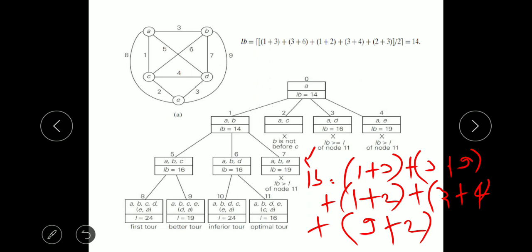So add the entire thing, divide by 2, and you get a value of 19. This 19 is greater than the least bound 16, so therefore we discard it.